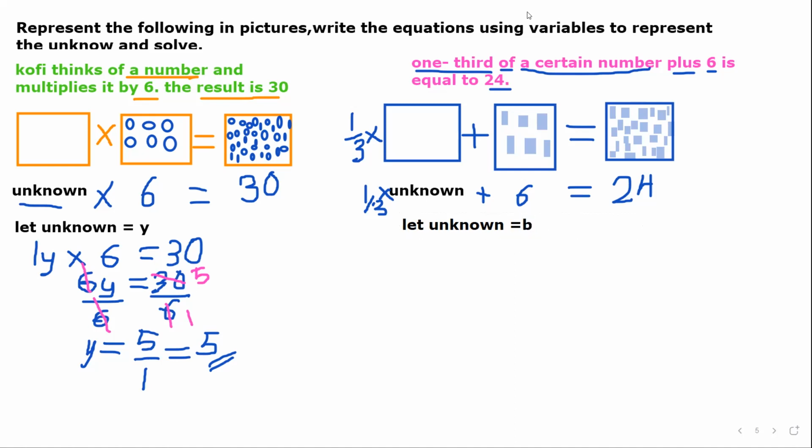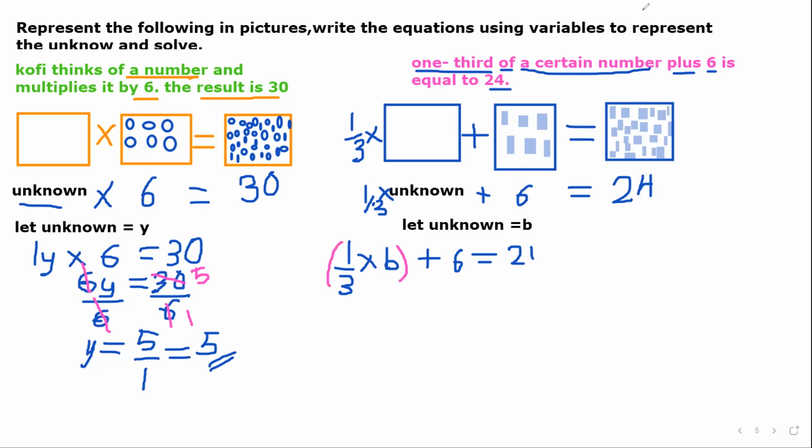So the equation will be 1/3 times b plus 6 equal to 24. Okay, good. So you solve this side alone.